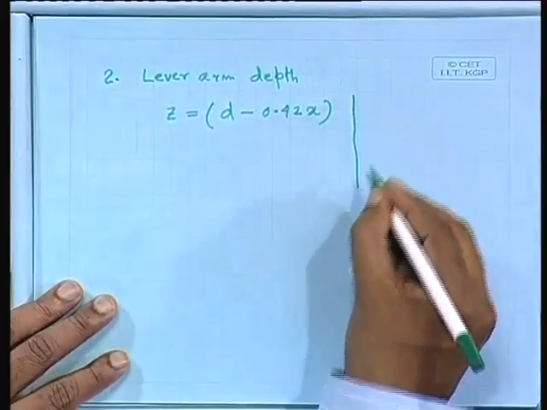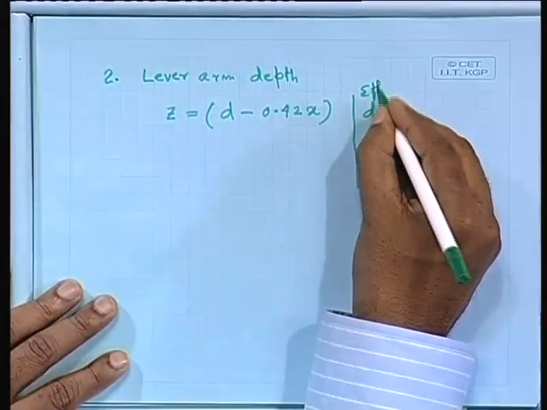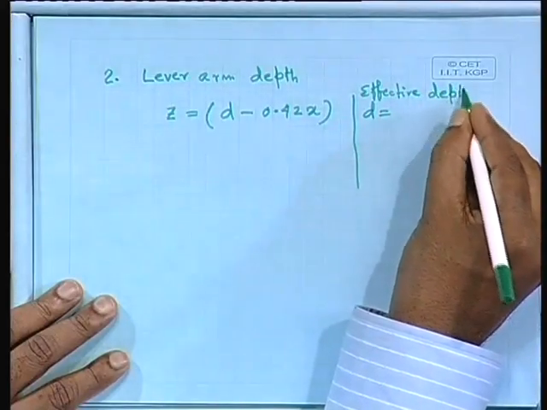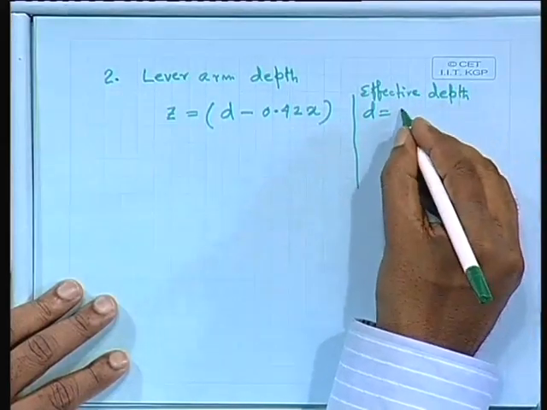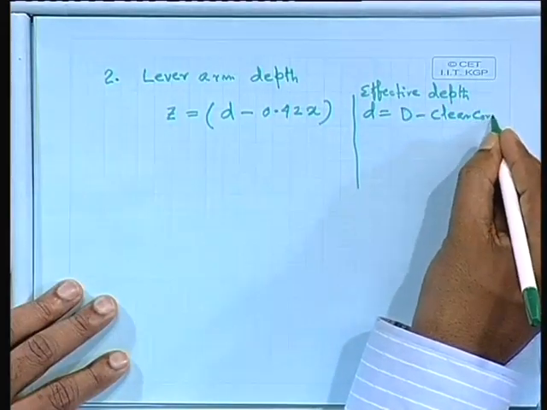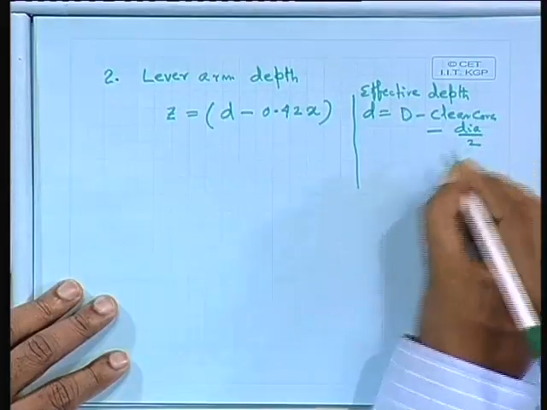What about D? D equal to effective depth. Let us write down here effective depth equal to overall depth minus clear cover minus dia by 2.